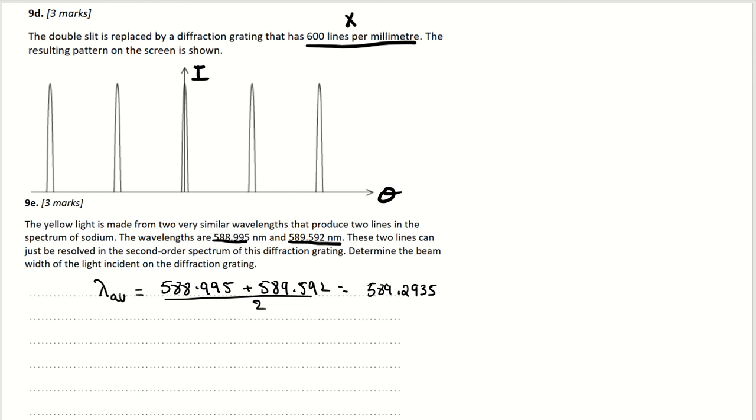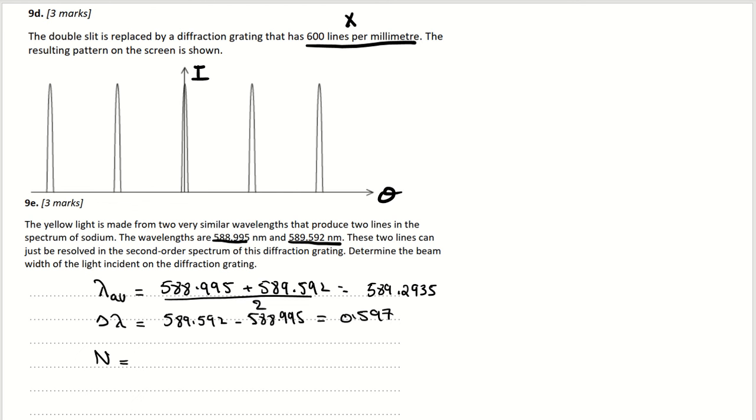So this is the lambda average. The difference that I need to resolve, simply it's 589.592 minus 588.995. And the answer is going to be, in this case, 0.597.